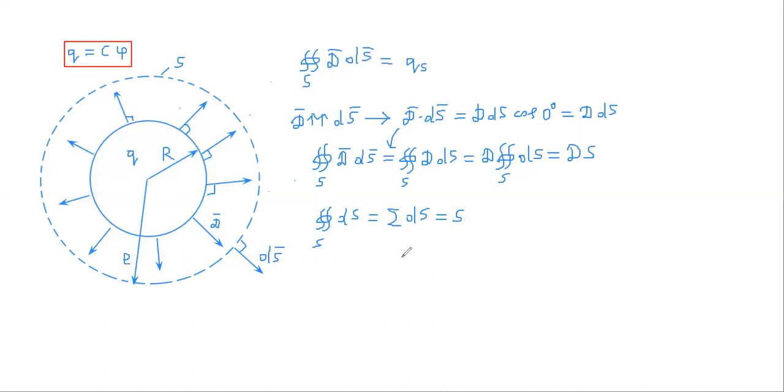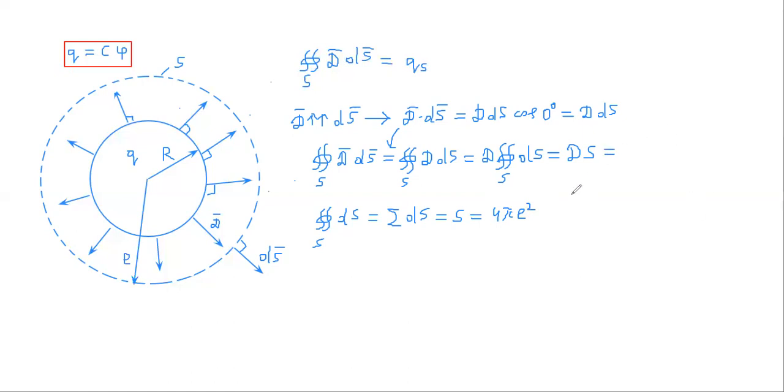I'll designate this radius by L. It is the radius of surface S. Surface S is a sphere, and the area of a sphere is 4 pi L squared.